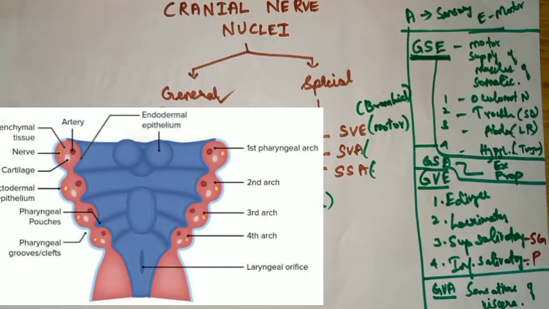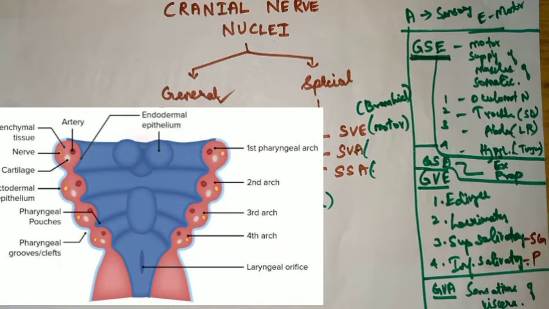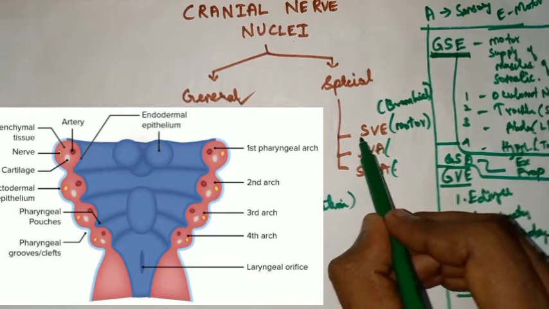And then the nucleus of facial nerve is also a component. So the facial muscles are also involved here. And then we have the nucleus ambiguus also. So the muscles are stylopharyngeus and the muscles of soft palate, the pharynx, the larynx, etc. So the majority of the muscles are supplied by the special visceral efferent.